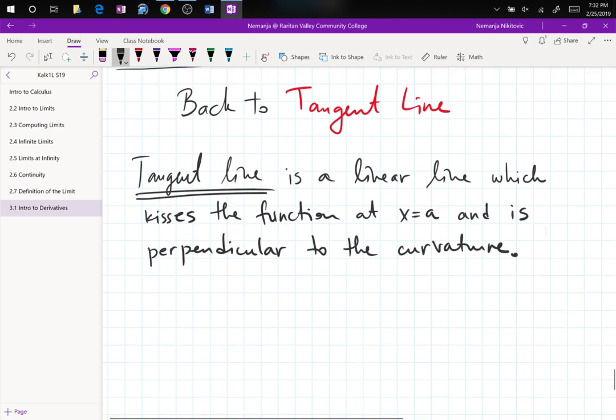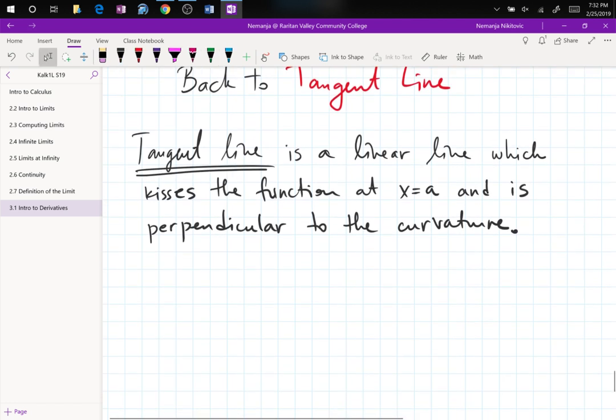All right. Why are we using the term kisses the function? Well, we are all familiar with the concept of a kiss. There's one mouth, you can kiss one location at one time, right? So that's the first thing.